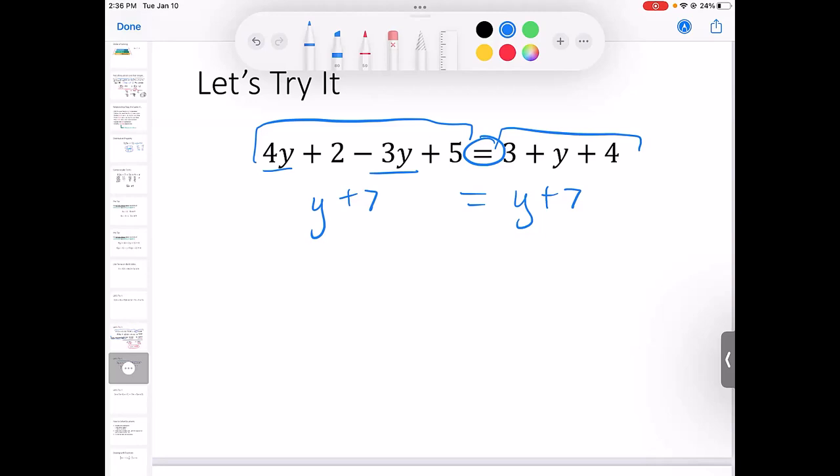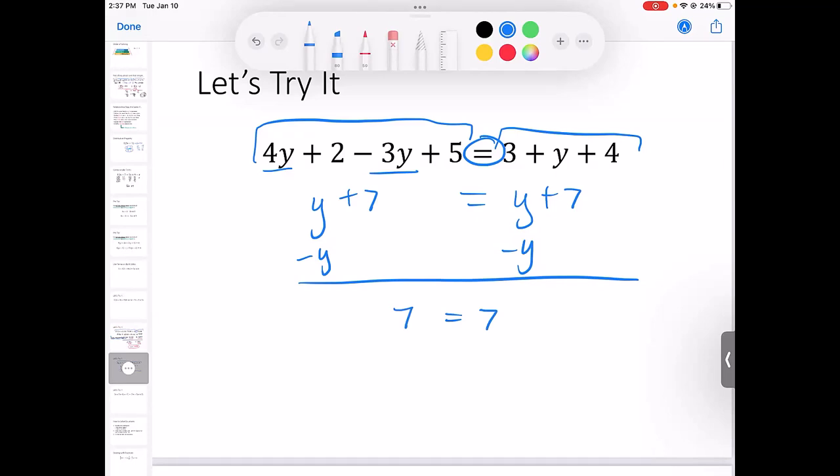If you like going through a procedure when you're solving equations, you can say, I have a y on both sides, so I need to get rid of the y on one of the sides. So I'll subtract y, which in this case ends up canceling out both of the y's, and you end up with 7 equals 7, which is always a true statement. And so that tells us that y can be anything.